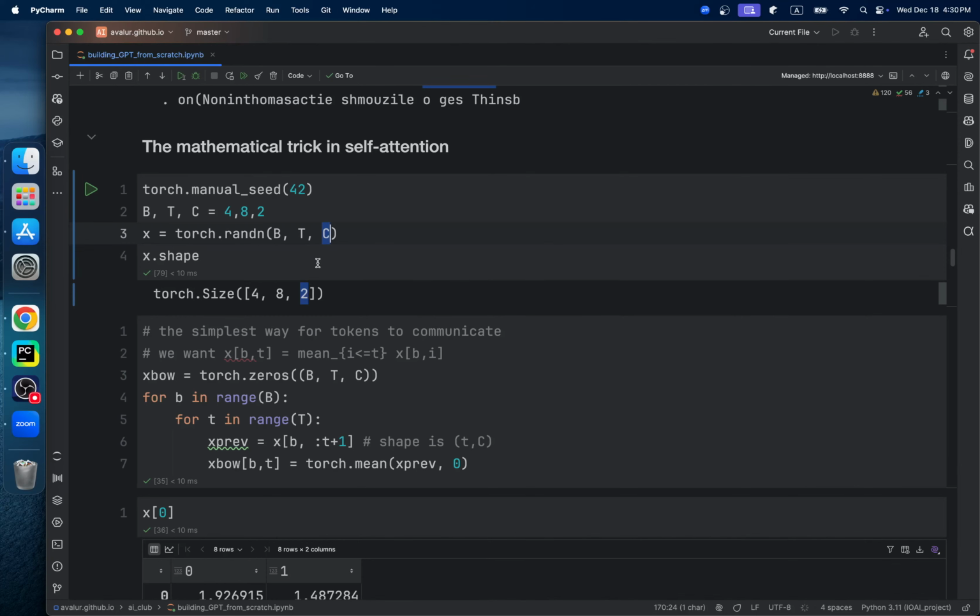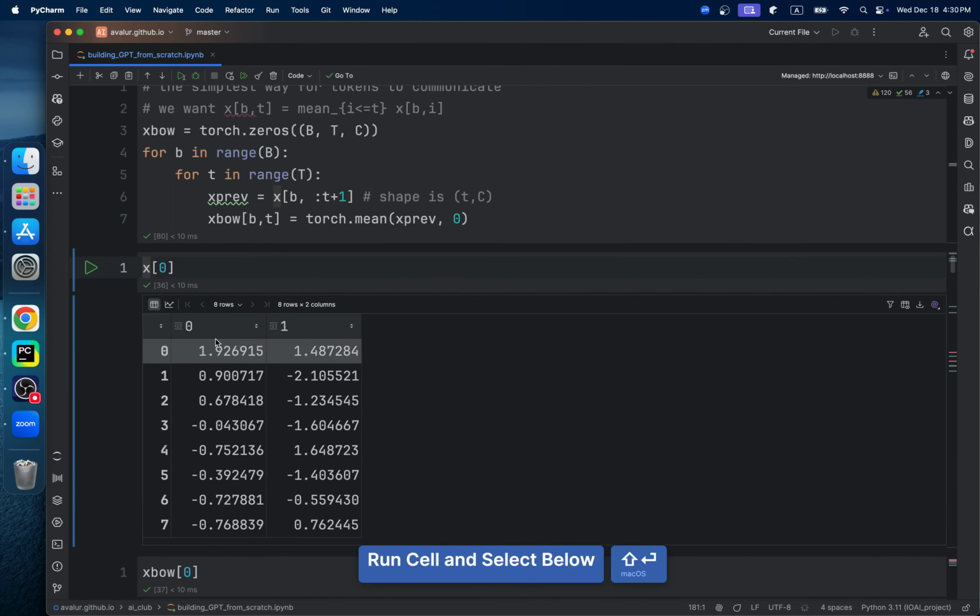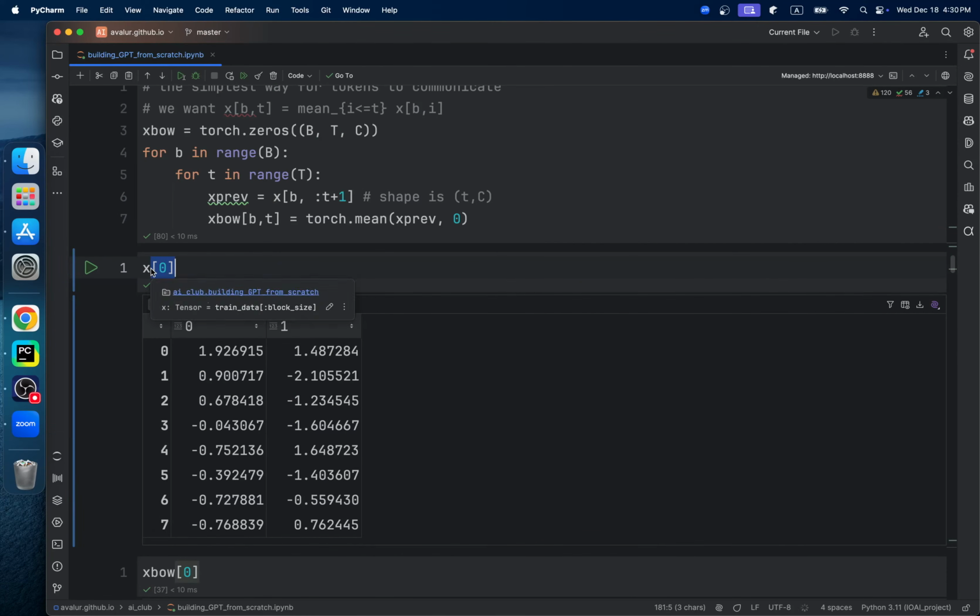Then our input without any operations is x, which is all the objects, and x[0] is the first object in the batch. You see the first object in the batch is 8 vectors with size 2 each, so 16 numbers in total.